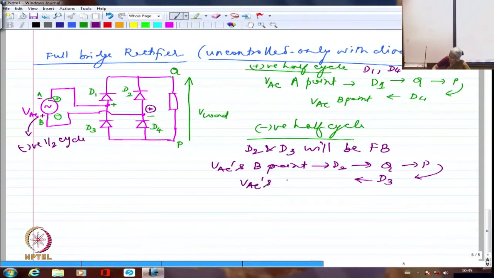So if I am looking at the waveform, we'll have to look at many things. One is the I load, and I'm going to look at I source or IAC, whatever. I source and I load. And of course output voltages. We'll see that also. Right? So this is my AC voltage.